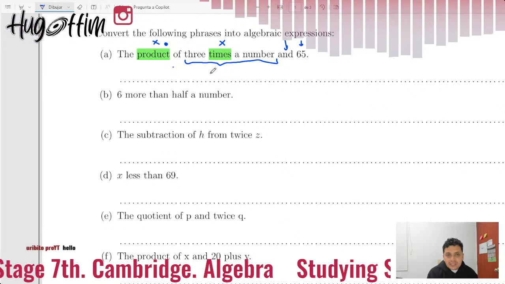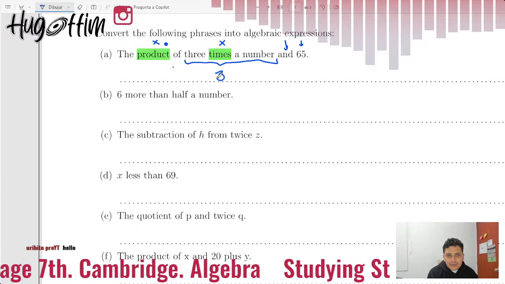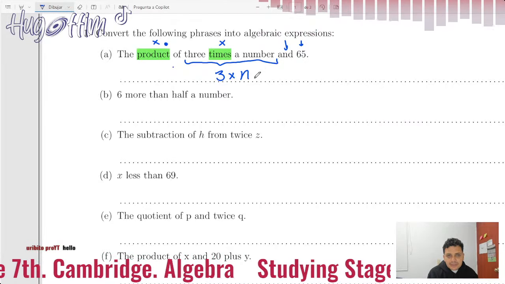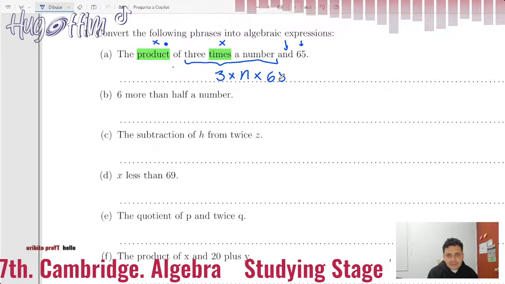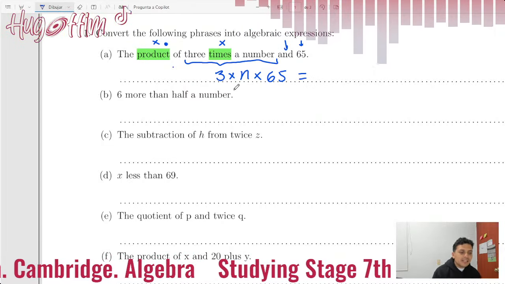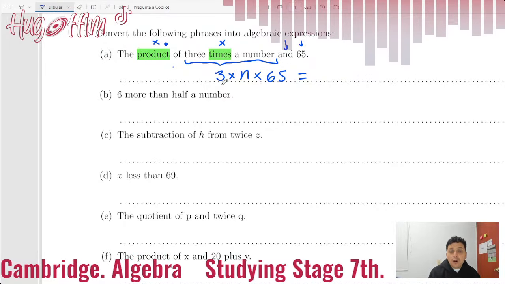So I need to multiply 3 times n, times 65. That will be our operation. However, remember that in algebra, we put coefficients first.